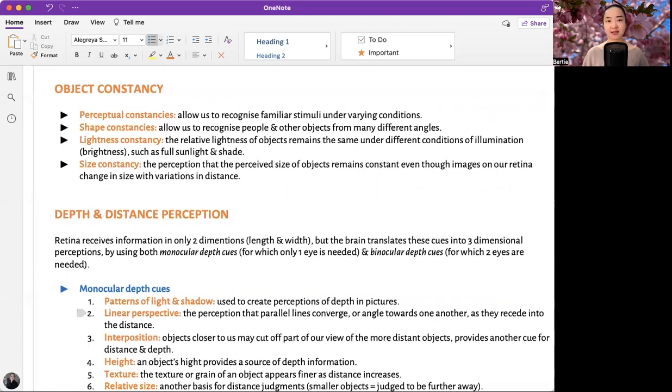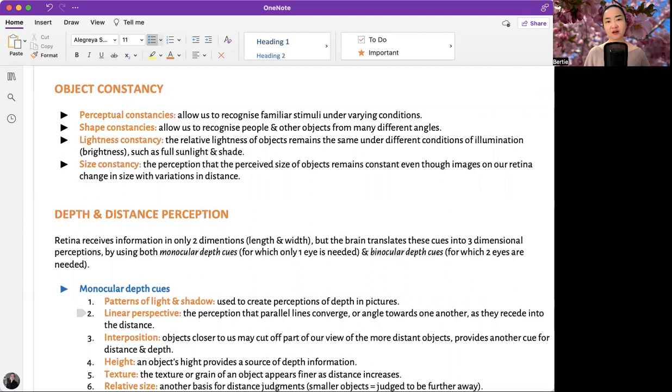Object constancy. Perceptual constancies allow us to recognize familiar stimuli under varying conditions. Shape constancies allow us to recognize people and other objects from many different angles. Lightness constancy.